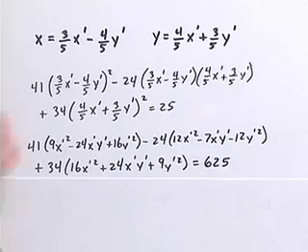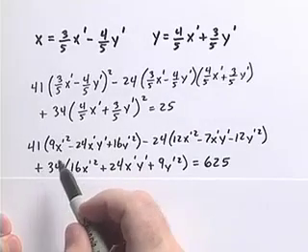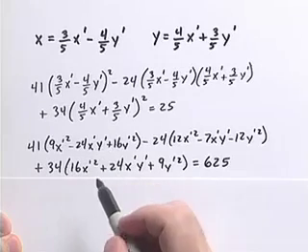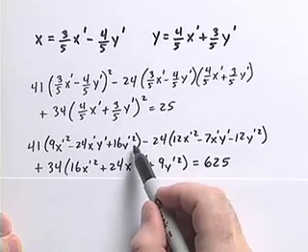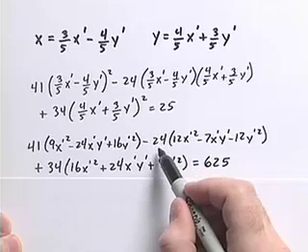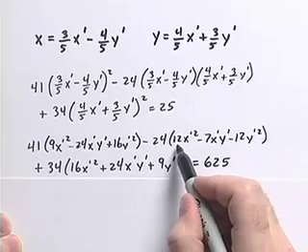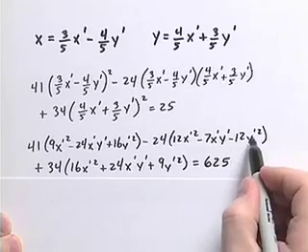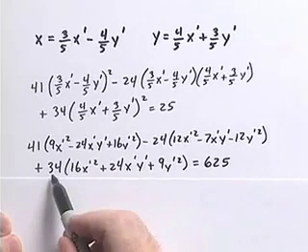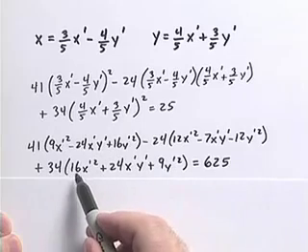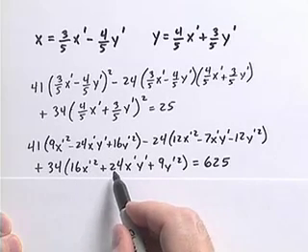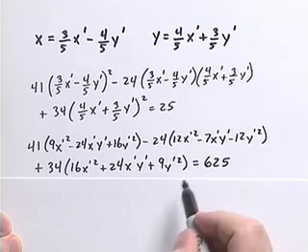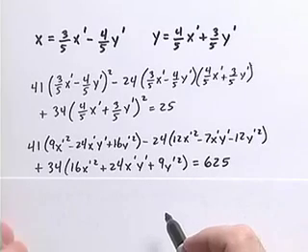We'll end up with 41 times, in parentheses, 9x prime squared minus 24x prime y prime plus 16y prime squared. Then here we'll have minus 24 times, in parentheses, 12x prime squared minus 7x prime y prime minus 12y prime squared, plus 34 times, in parentheses, 16x prime squared plus 24x prime y prime plus 9y prime squared, and all of that's going to be equal to 625.